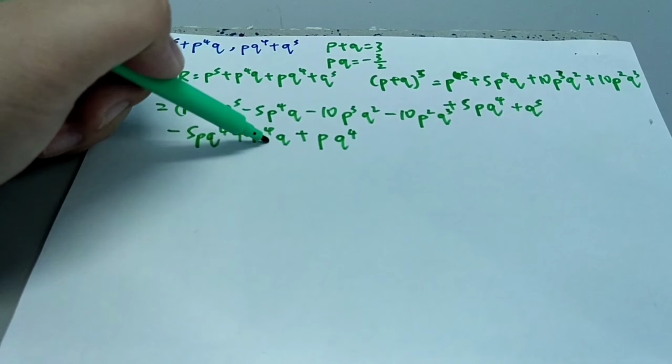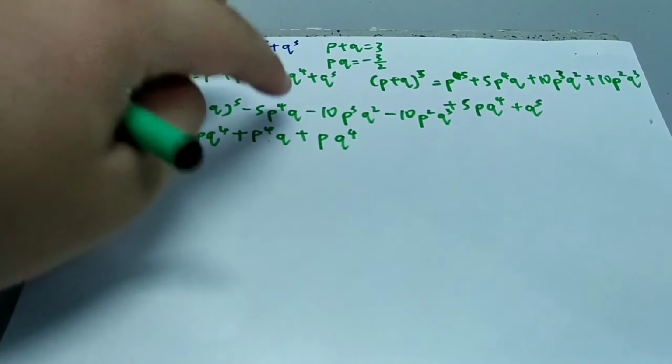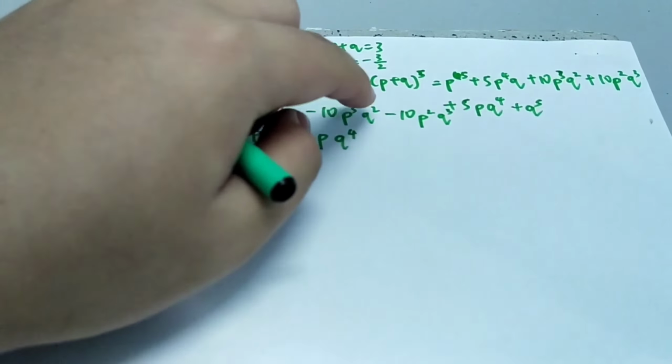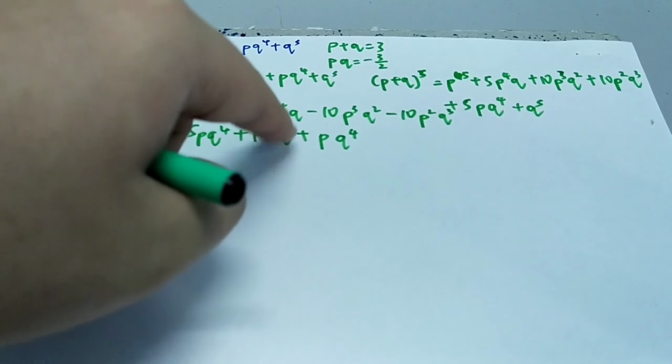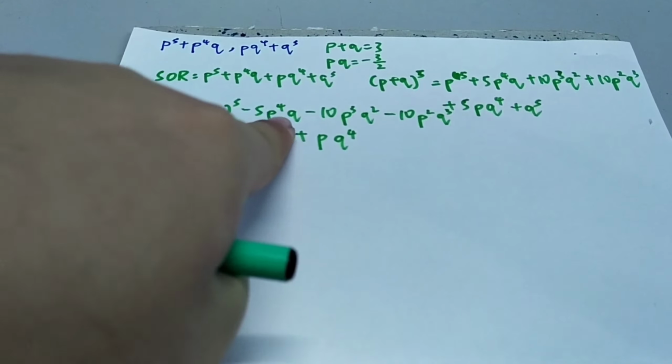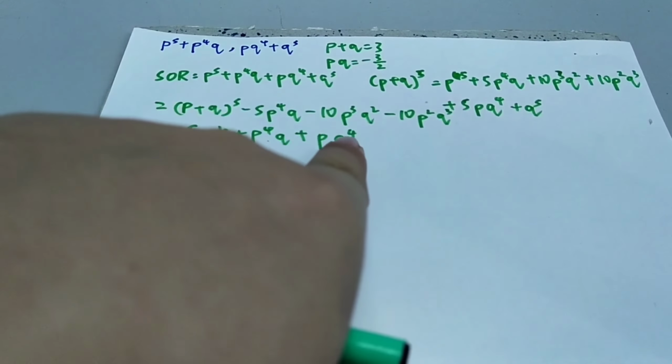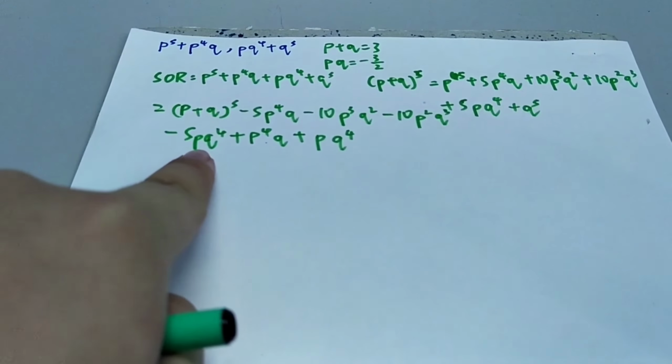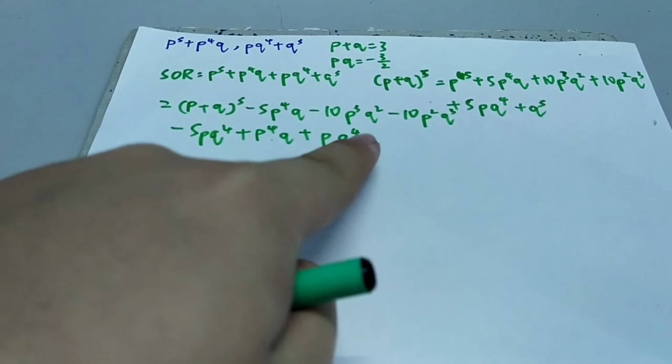What we can see is that this term and this term we can simplify with these two terms. This term we can simplify because we got the like term, p^4 q, and here also we got the like term, p q^4.